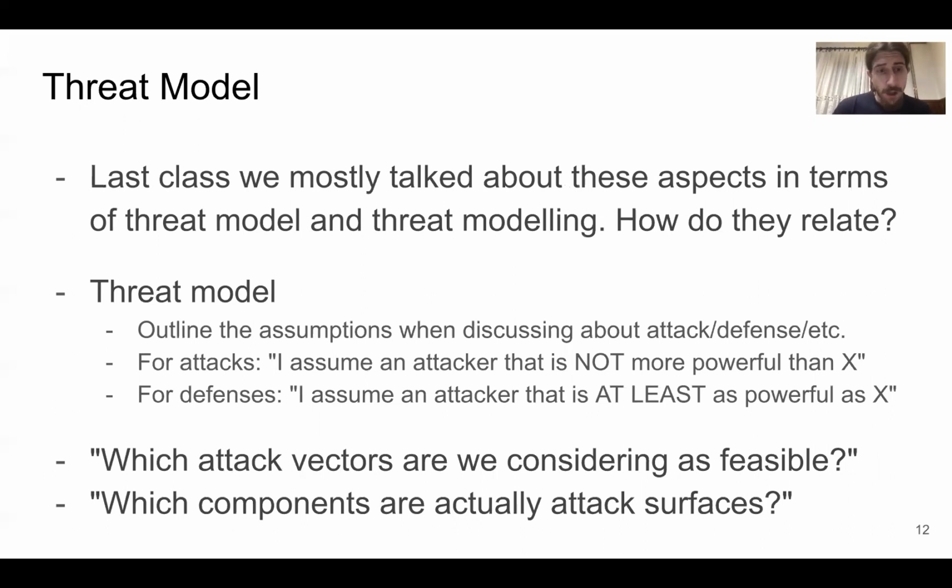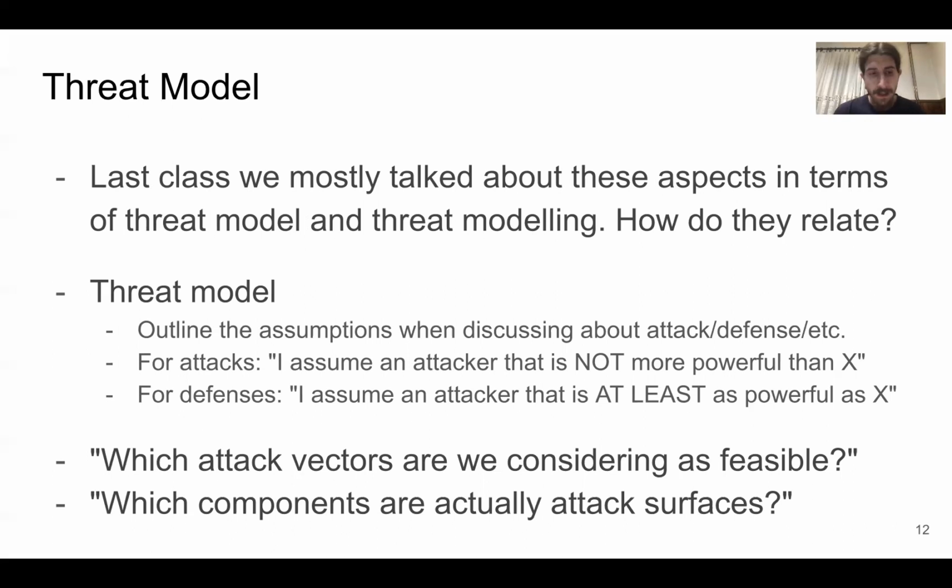Threat model is basically, as we said last time, a list of assumptions when discussing attack and defense. For attacks, you can assume an attacker that is not more powerful than X. For defenses, I assume an attacker that is at least as powerful as X, when I want to say I have a defense system that can protect you from this.